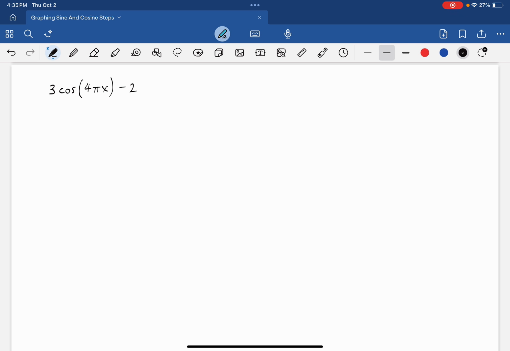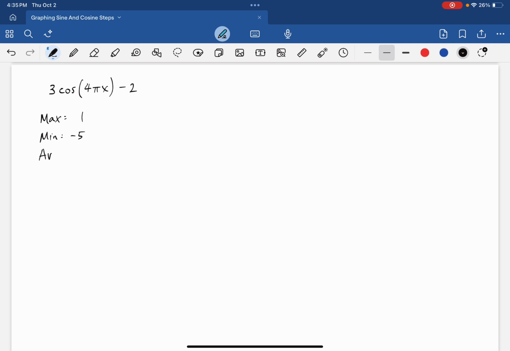Okay, so the first step I'm going to do is to find the maximum and the minimum and the average. So the maximum is simply 3 times 1 minus 2, which is 1, and the minimum is 3 times -1 minus 2, which is -5, right?